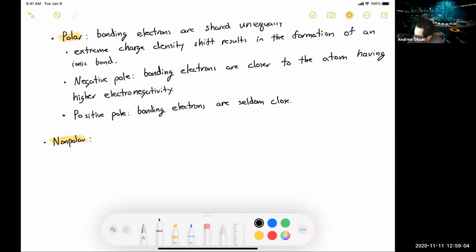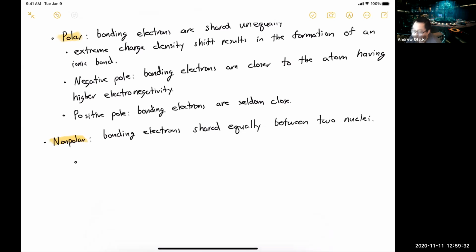So non-polar bonding electrons are shared equally between 2 nuclei. In this case, there is no preference for where the electrons are attracted to, so we say that the sharing is equal.